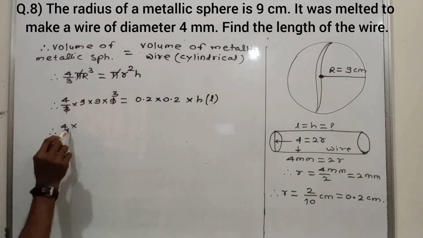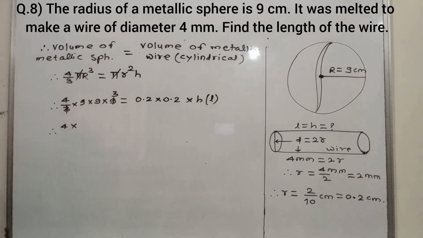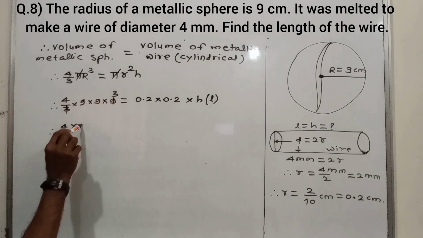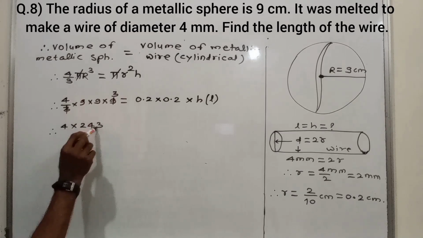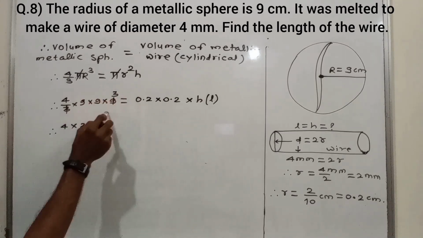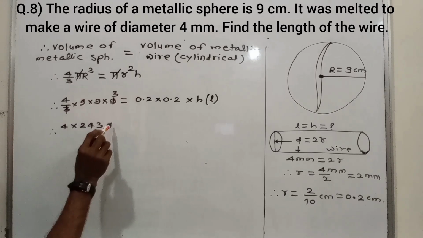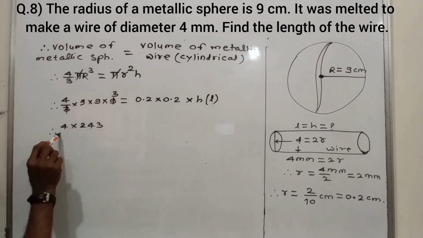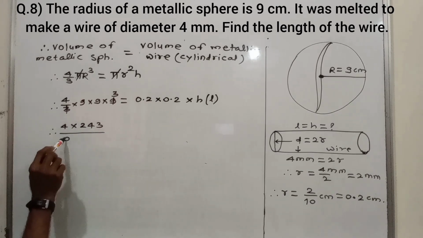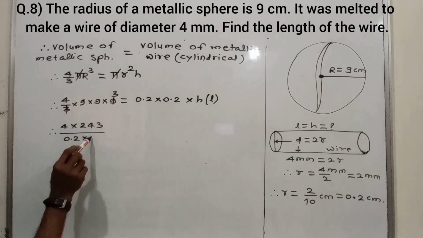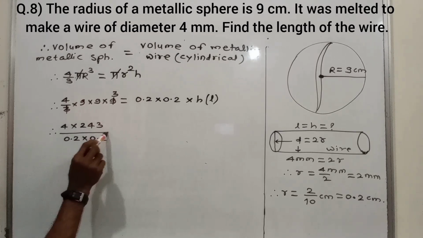4 into, see this, 9 into 9, 81. 81 threes. See this, 3 ones are 3 and 3 eights are 24. Okay, and we take these two terms here, 0.2 into 0.2.